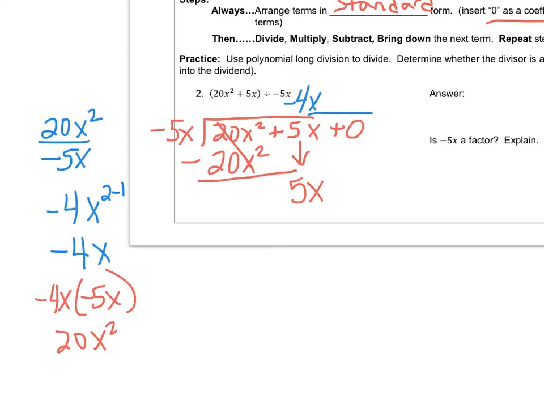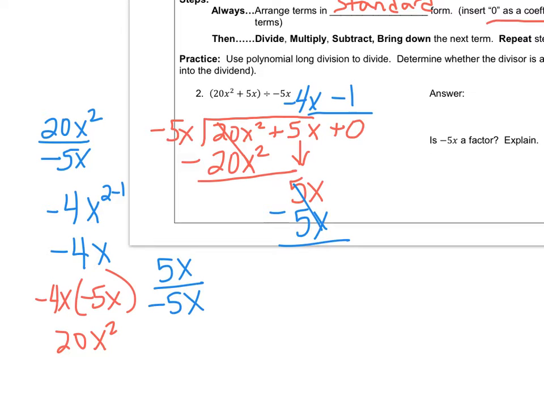We bring down our 5x. So we now have negative 5x being divided into 5x. So 5x divided by negative 5x is negative 1. I'm going to put that up here. Next we multiply. Negative 1 times negative 5x is positive 5x. Then we subtract.